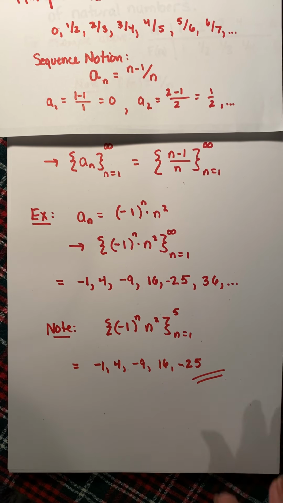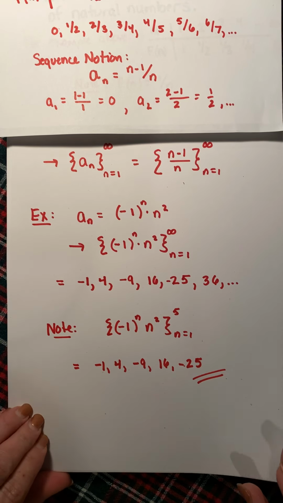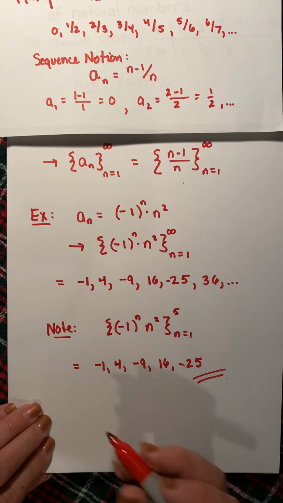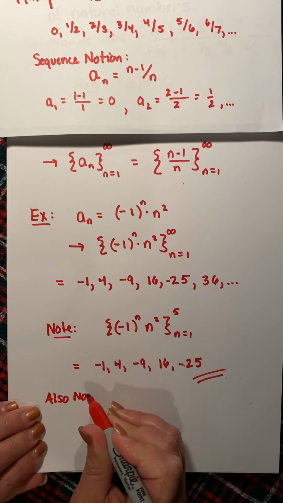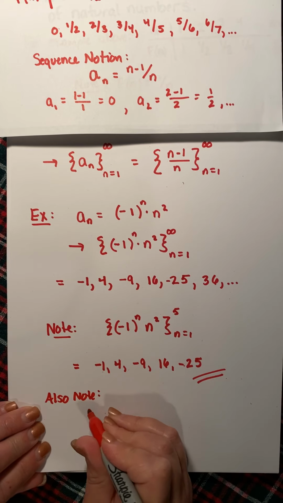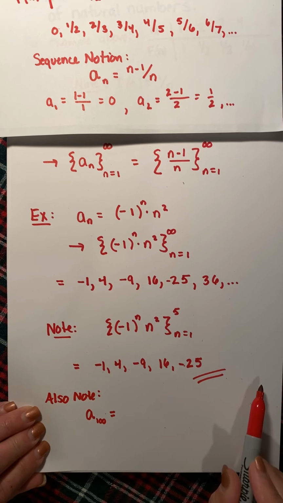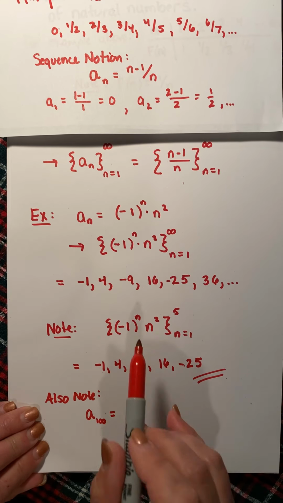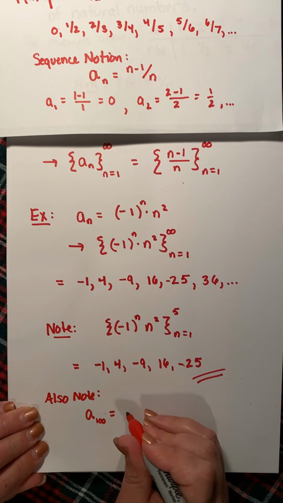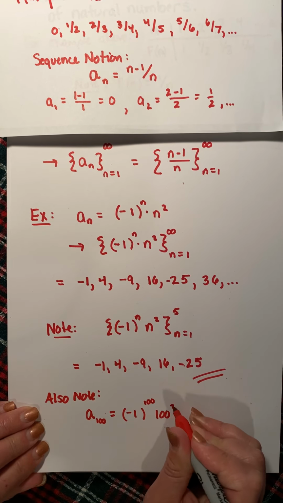All right, now unfortunately, not all sequences have explicit formulas that help you find any number. So for this example, also note, if I wanted to find the 100th term, a subscript 100, I don't have to list the first 99 terms to find the 100th term, because this template tells me the 100th term is going to be -1 to the 100th power times 100 squared.